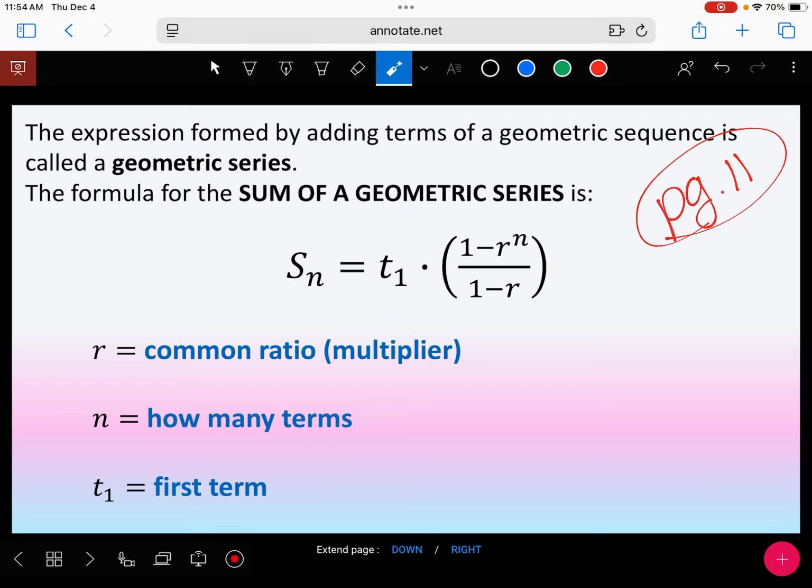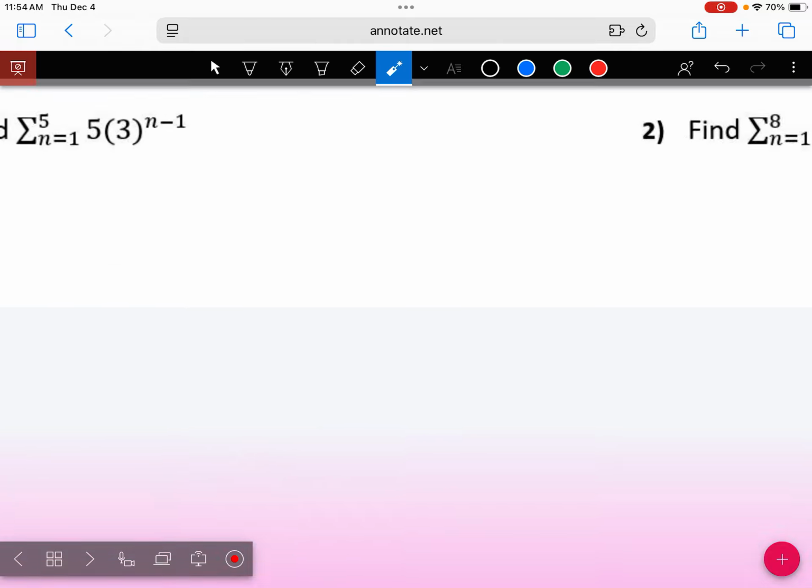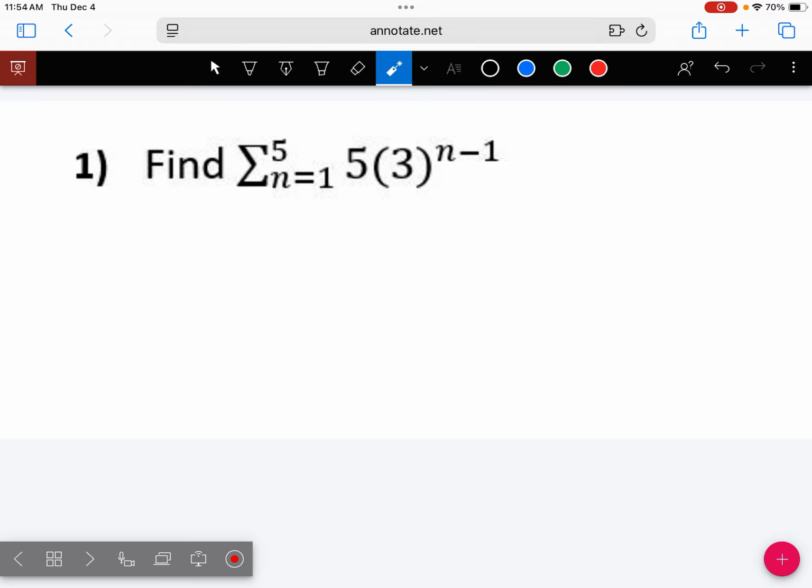Okay, so when you see this rule, remember that the sigma means sum. So if it's a sum formula, how do I know if it's arithmetic or geometric? Looking at the rule. What do you notice in this rule that tells me it's geometric?